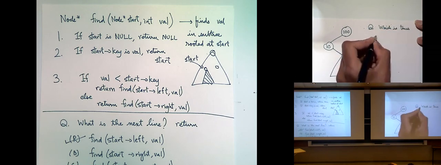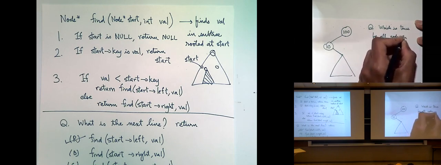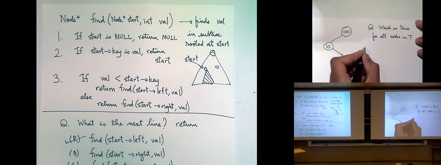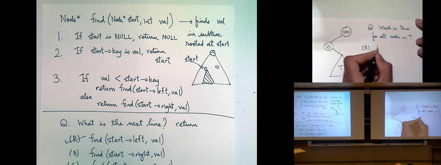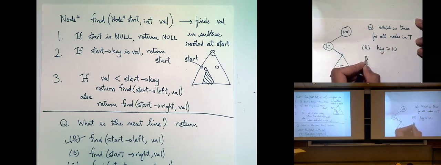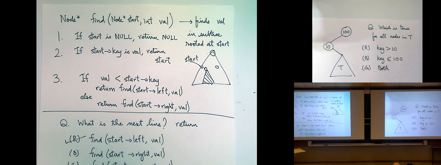Which is true for all nodes in T? So T denotes that subtree there. Is it key is greater than 10? Key is less than or equal to 100? Or is it both? So I'll give you a moment to think about it and answer. Which is true?